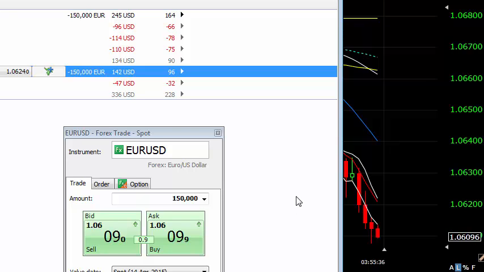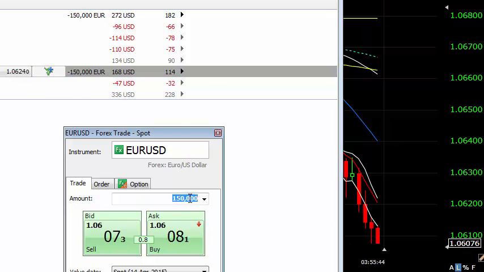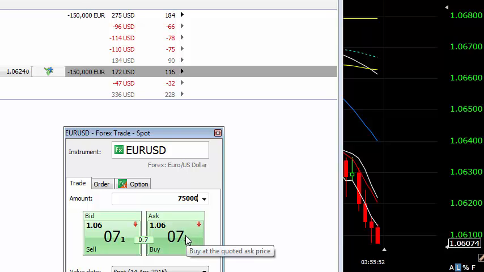Okay, now thinking about this, because I've got this 1 unit in here, what I could do is take half off. The way I can do it on my broker is to do 75,000 and bank half here by buying 75,000.